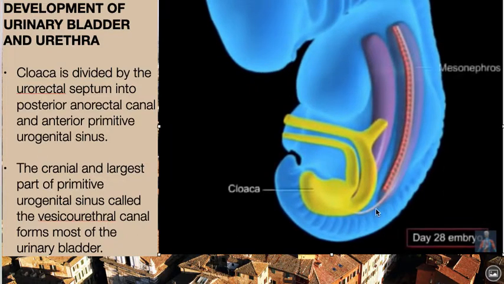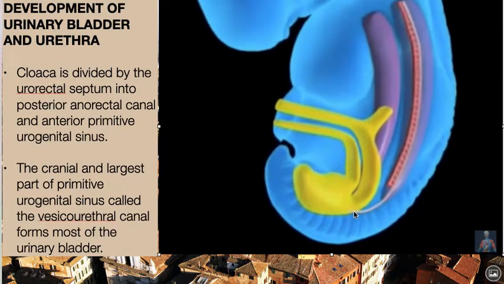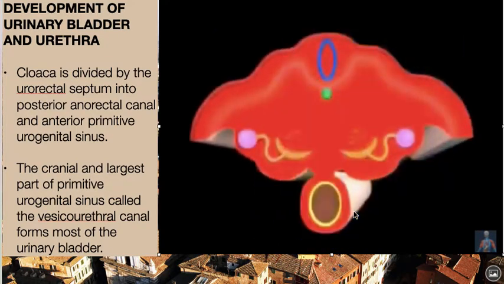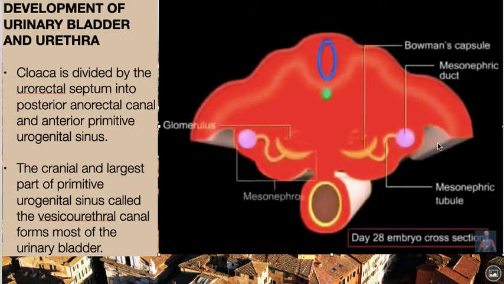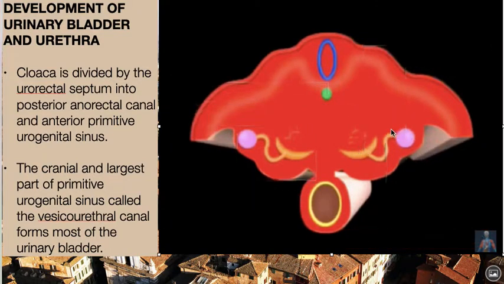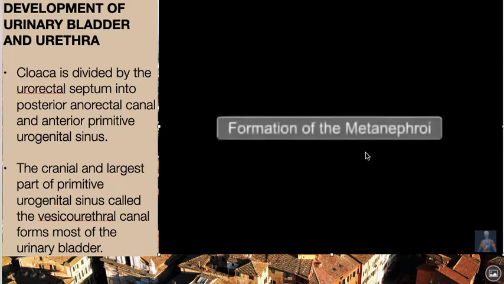Right, can you see this over here? This is the cloaca. This is the mesonephric duct. Now, in cross section, you can see this is the Mohrmann's capsule, mesonephric duct, and the mesonephric tubule.